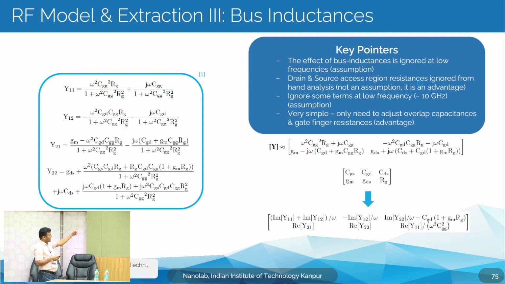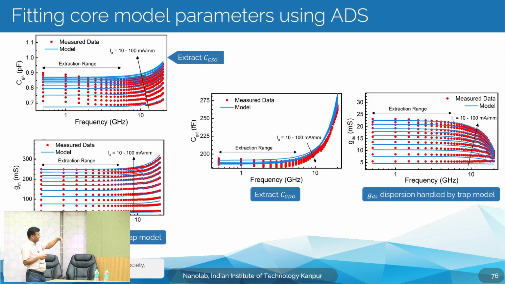Bus inductances are extracted using this information of the Y11, Y12, Y21 etc., and then we extract that. So, if you plot just Y parameters, you can hide a lot of things.